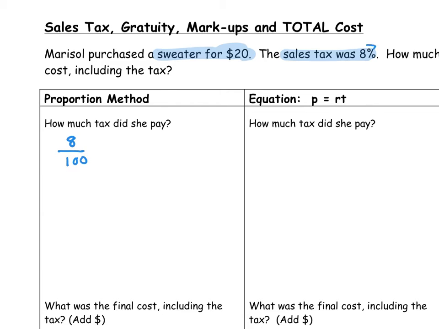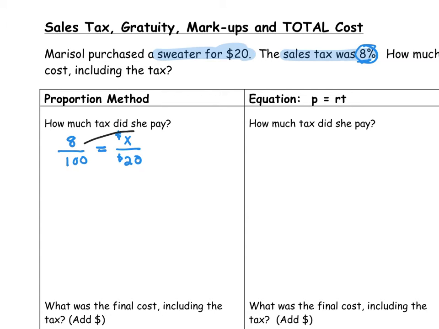When we're given a percent, we immediately know that this is the number over 100. Proportion means I need two equal ratios. And I want to know the tax amount of money, so I don't know it, but I do know that it's based on spending $20. So that would mean if it's 8%, it means I'm paying 8 cents for every dollar I spend.